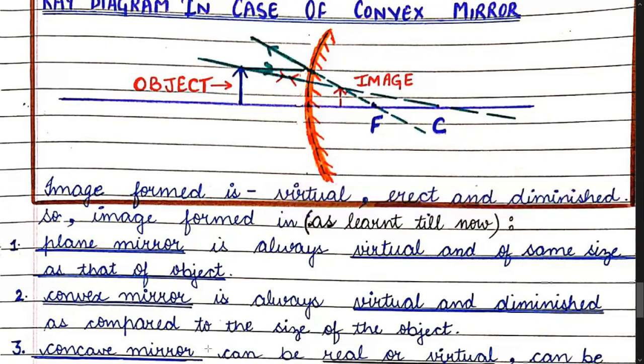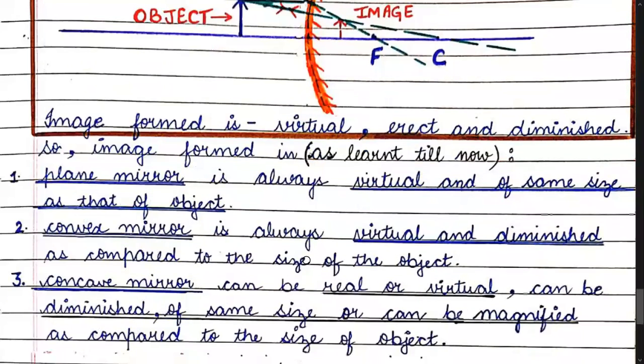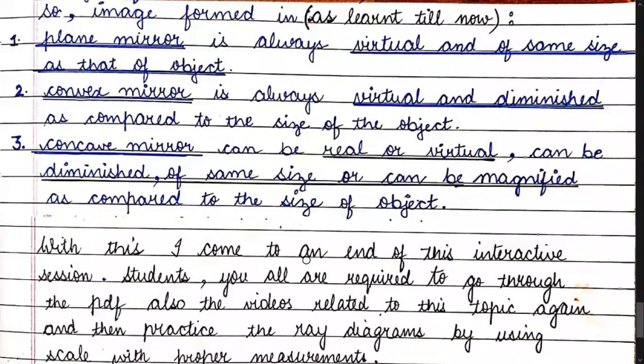All the characteristics can be learned only by looking at the ray diagram. So students, let us recall the images we have learned till now. In case of a plane mirror, what kind of image is formed? If you see yourself in your looking glass, what kind of image is it?